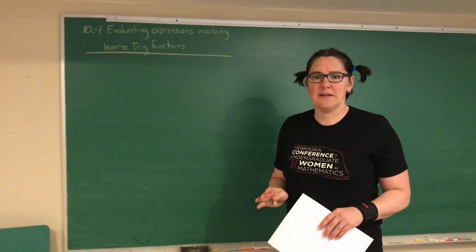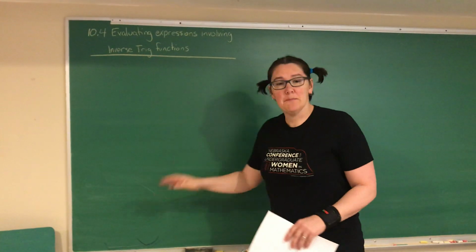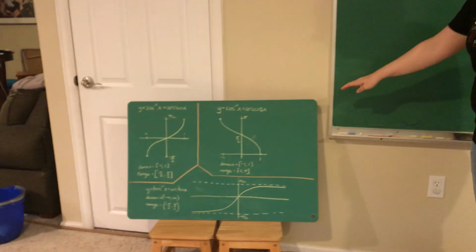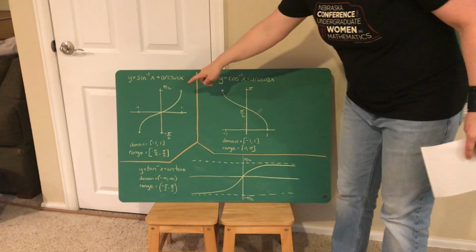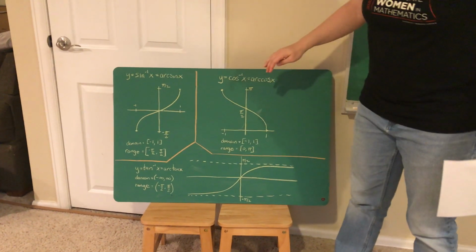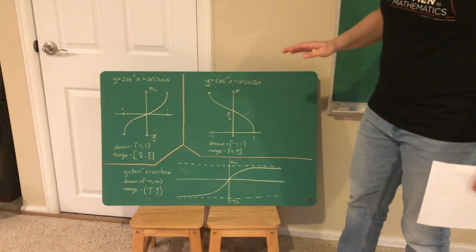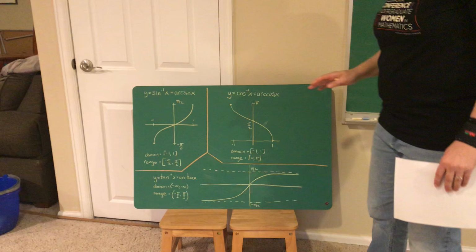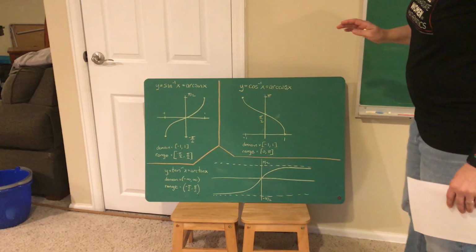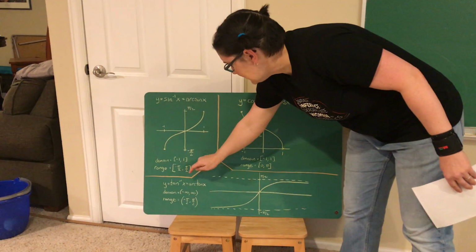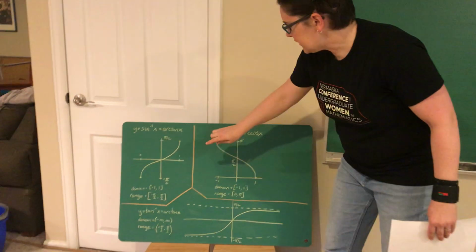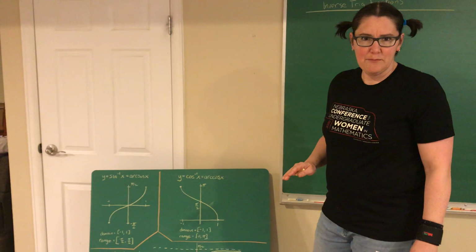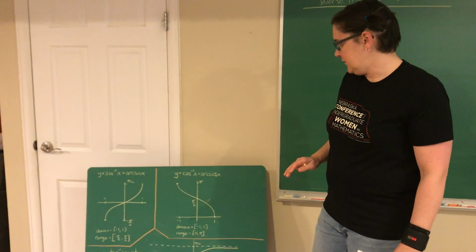Before we start evaluating expressions though, I want to remind you about the three graphs that we talked about last time, and I have them written over here. And so we have our inverse sine function, also called arcsine function. The thing that is most important about these graphs in terms of evaluating expressions involving inverse trig functions is identifying the range for each function. So for arcsine, our range has y values from negative pi over 2 to positive pi over 2.